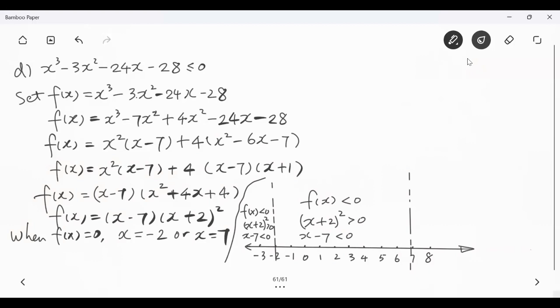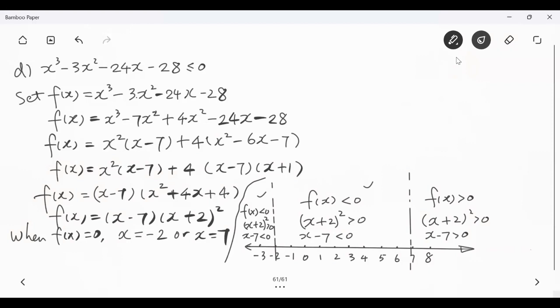And the right side, when x more than 7, so the x minus 7 is more than 0. Sorry, and x plus 2 squared more than 0. So f(x) more than 0. Right? So double check the inequality less than or equal to 0, so this one and this one.